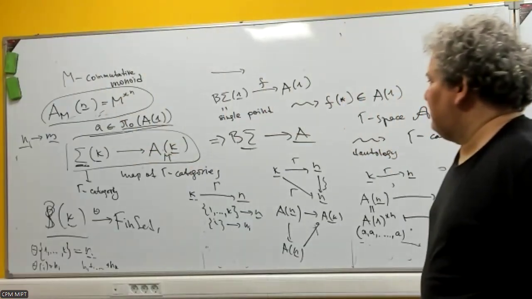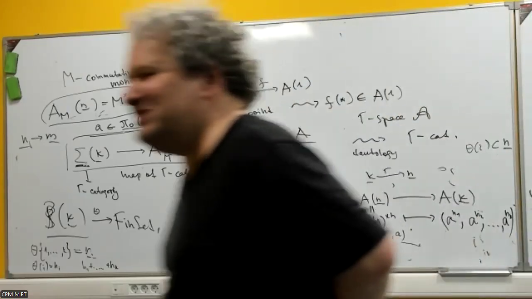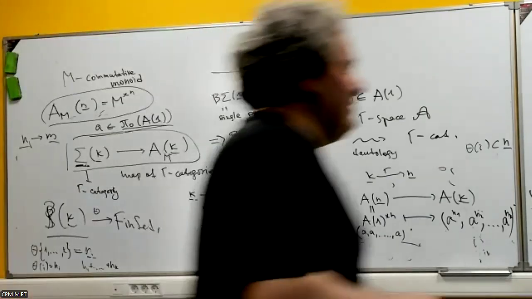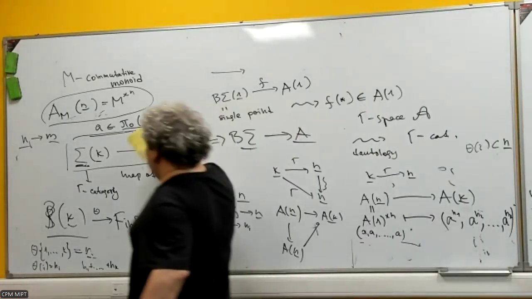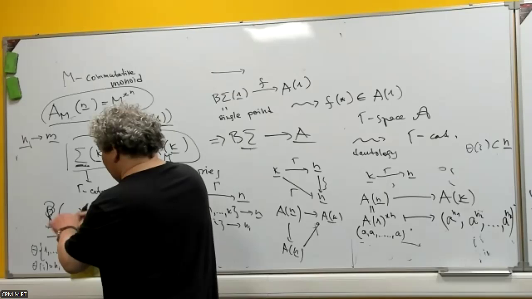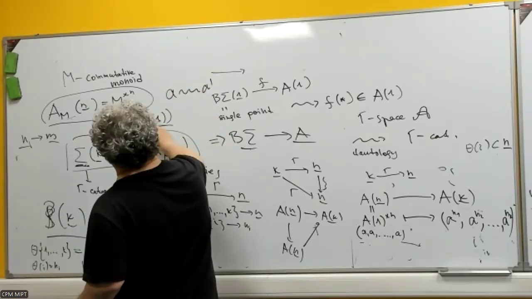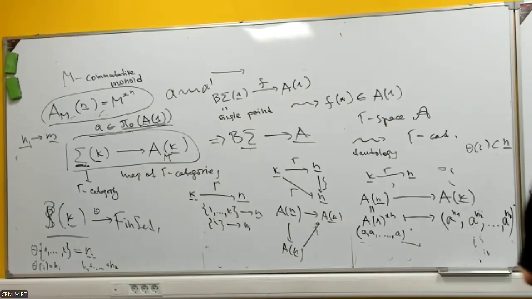So the idea is now what I have to do. Let me say here that it's not done completely, because I have to prove that if a and a prime are connected by a path in this topological space, these guys are homotopic, right?